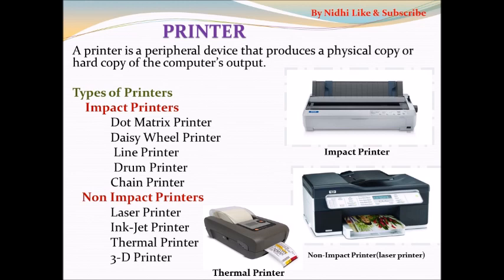Non-impact printers have gained popularity because they are comparatively quieter or less noisy than impact printers and have become better quality providers. They can also produce colored graphics. The non-impact printers are categorized into 4 categories: laser printer, inkjet printer, thermal printer and 3D printer.